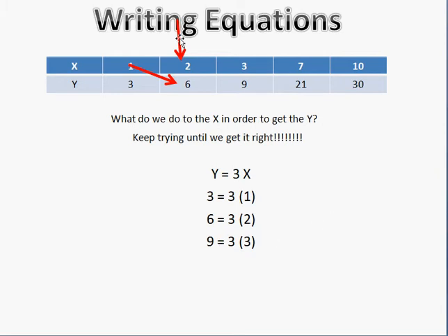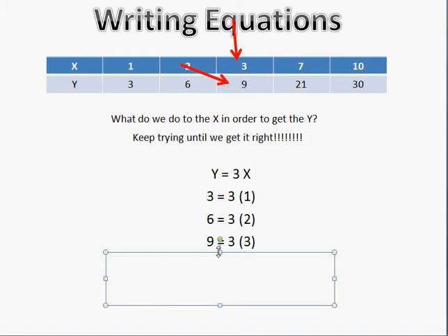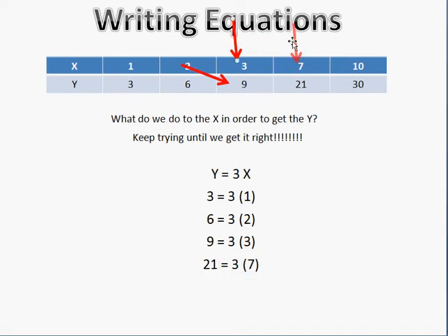Now I'm going to come over to this next one where I have 3 times 3, because I'm multiplying my x value times 3. 3 times my x value of 3 does equal my y value 9. And I'm going to look at my next one. I'm going to plug in my x value to see if I get my y value. 3 times my x value of 7 does equal 21, which is my y value.